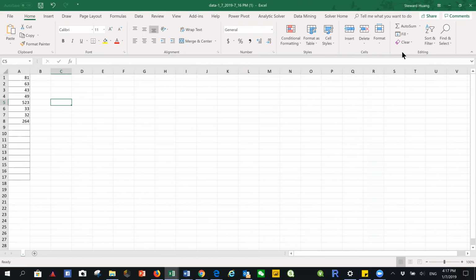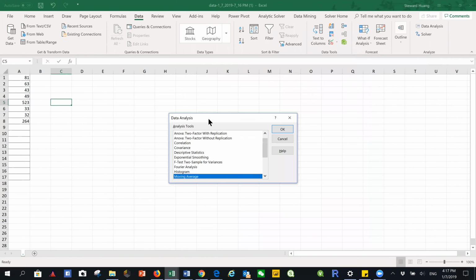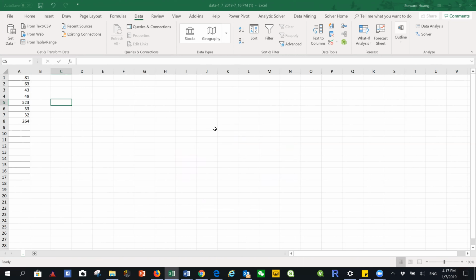Then you can click on data, and it's under data analysis. It's called Data Analysis Toolpak. As you can see, you have a sufficient amount of functions, at least to suffice for this class. Then you click on Descriptive Statistics.